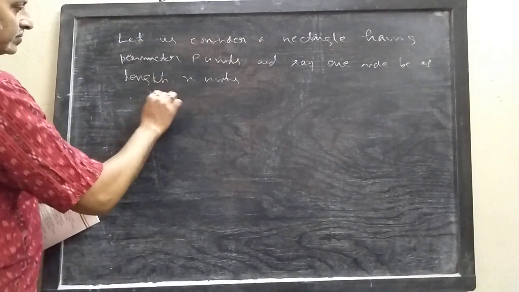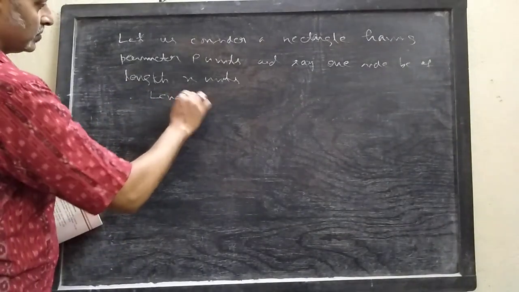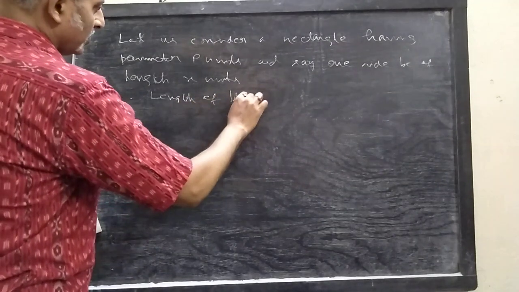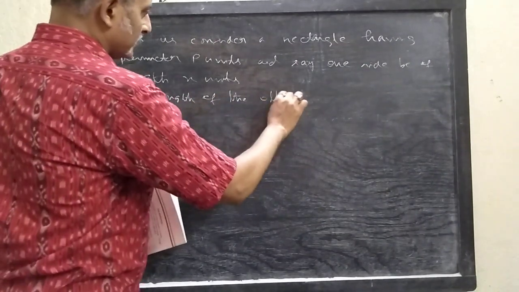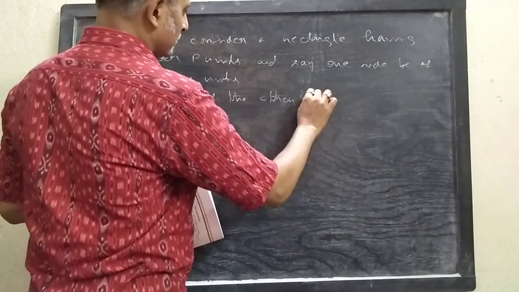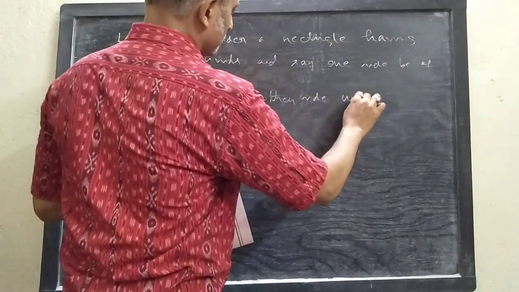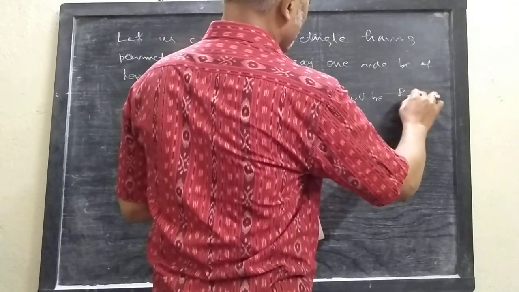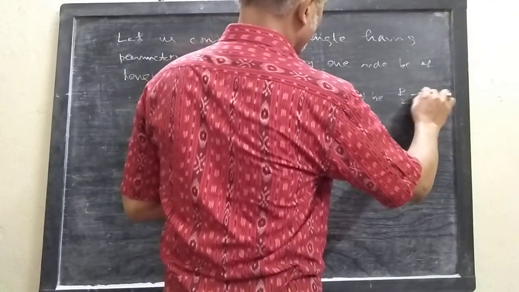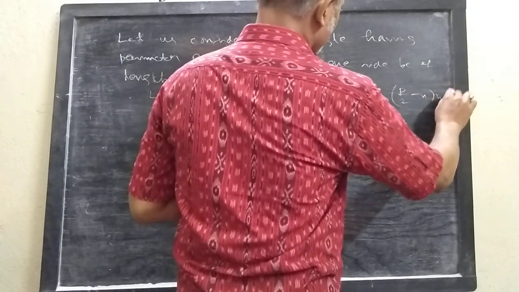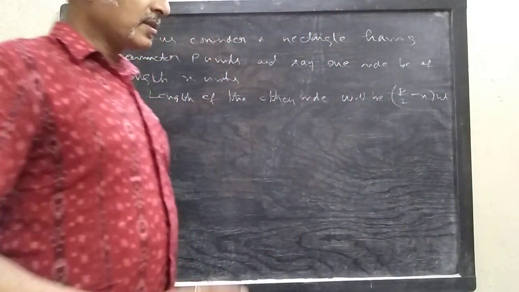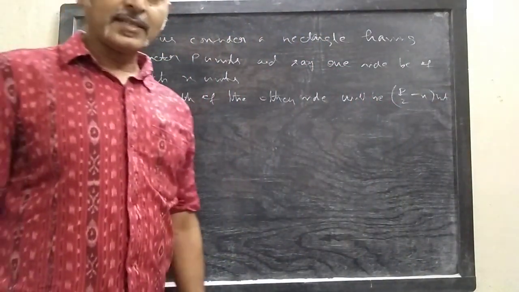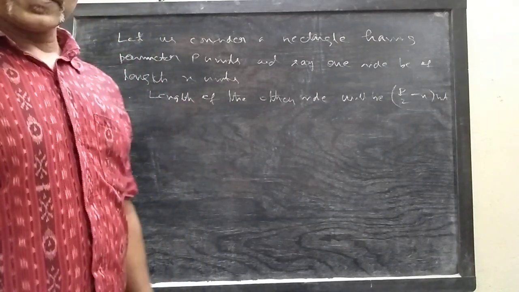Therefore, the length of the other side will be P by 2 minus x units. Why? Because the sum of any two adjacent sides is half the perimeter.